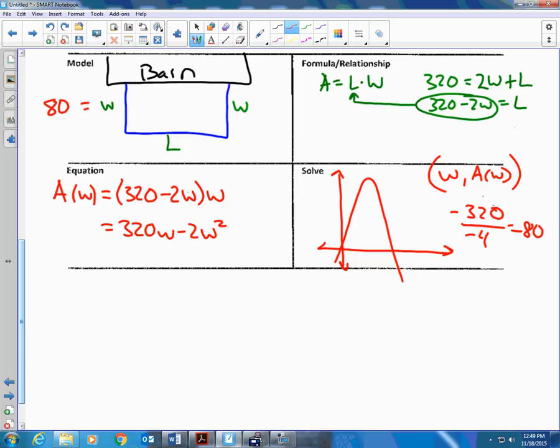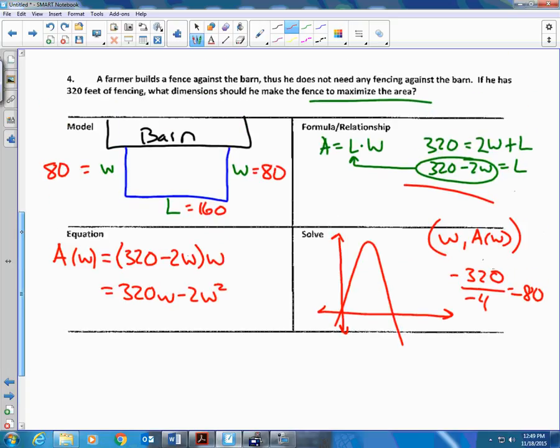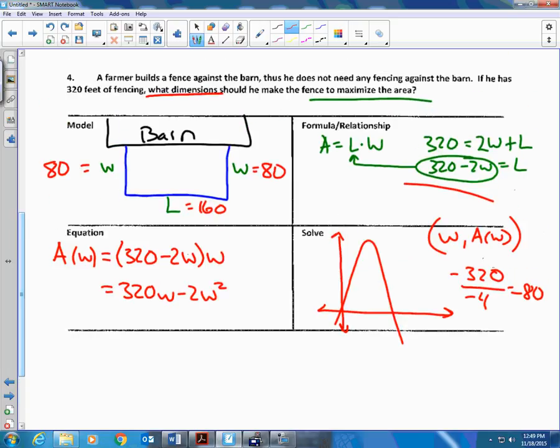If you did, then you would just label that as 80, it comes out the same. All right, so then the question is, if that's 80, what's L? Plug it back into here, and you get 160. So our final answer, because it says what dimensions, we're in feet. So 80 feet by 160 feet.